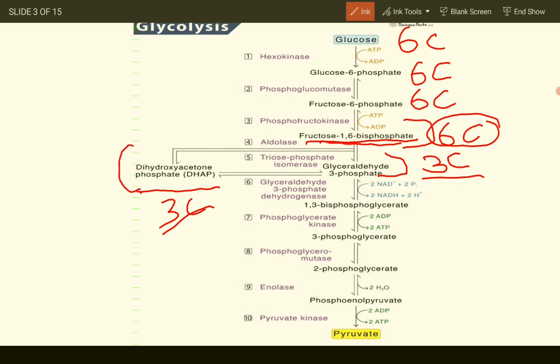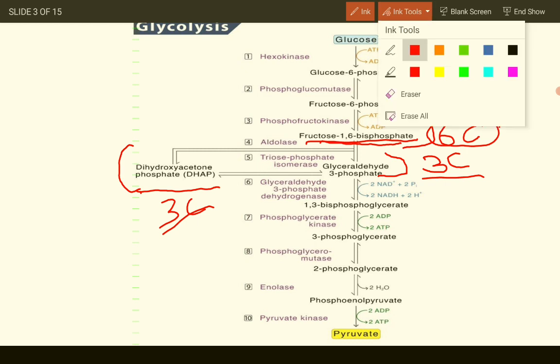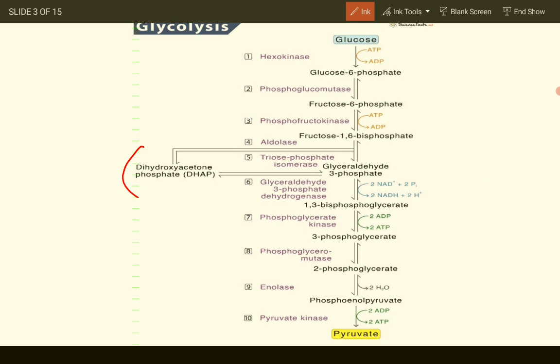Now dihydroxyacetone phosphate cannot undergo further processing. So what actually happens is that dihydroxyacetone phosphate is reversibly converted into glyceraldehyde 3-phosphate by the enzyme triose phosphate isomerase.